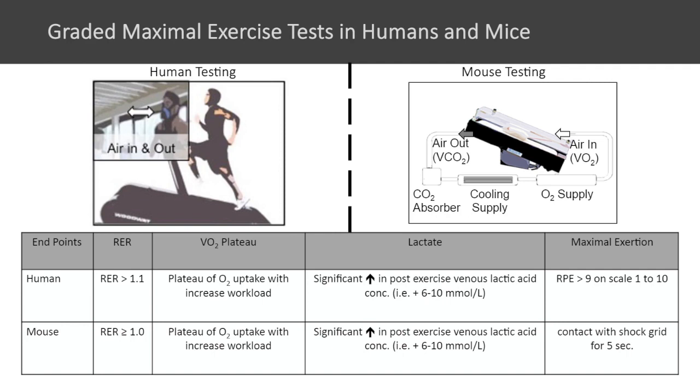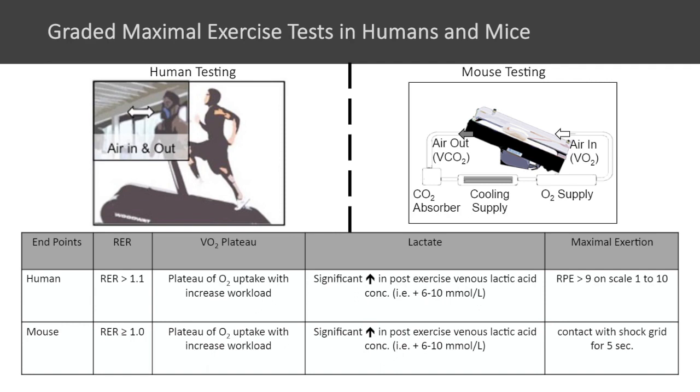So we're looking for that VO2 level to level out as the workload increases. We're looking for a significant increase in post-lactate levels. Although if you're doing a test in your mouse, you don't need to measure this every time since these mouse protocols have been validated and published, we do have the confidence of knowing that just like in the human tests, in the mouse tests, we're getting this nice spike and increase.